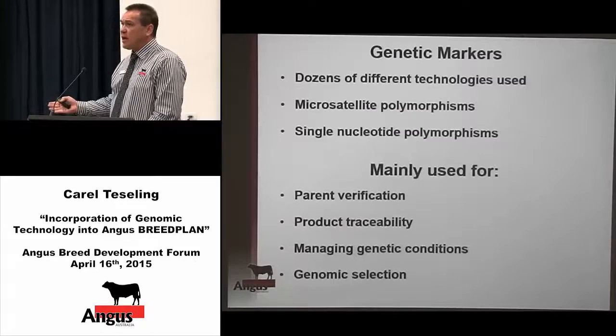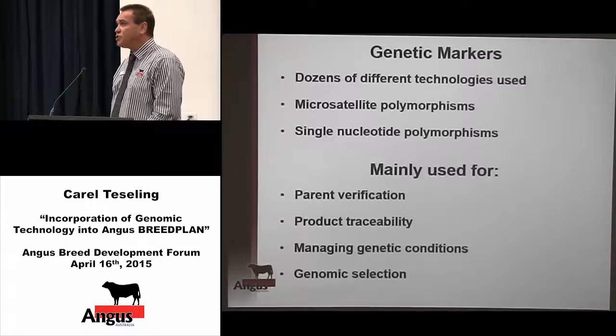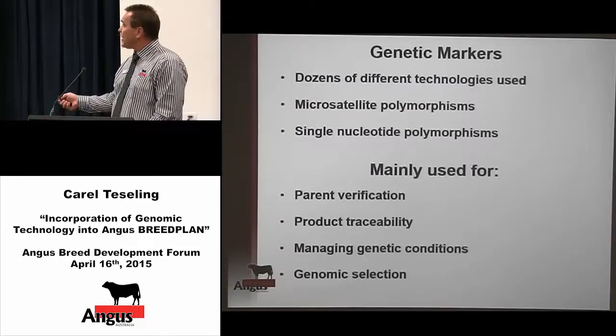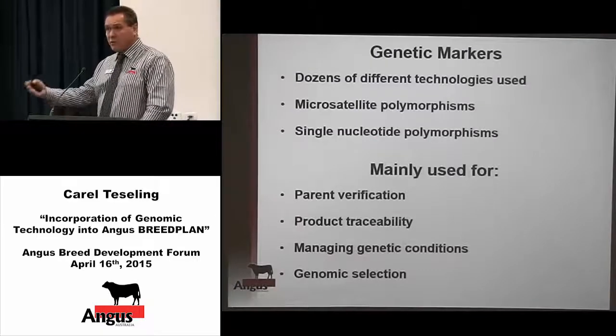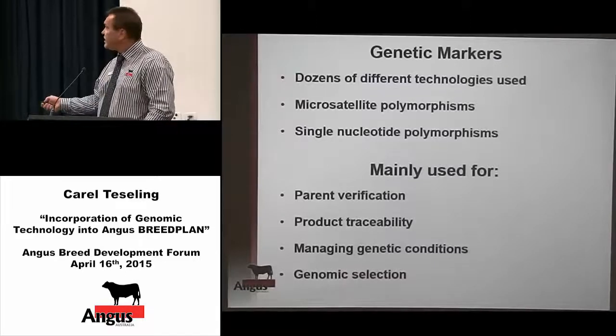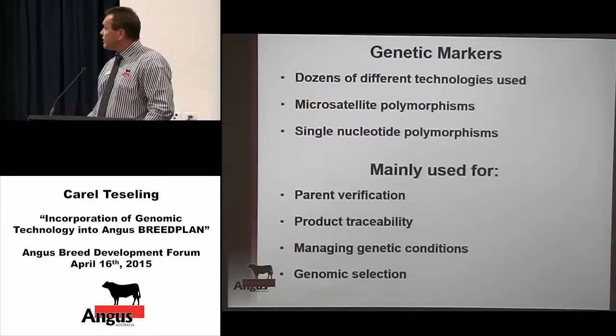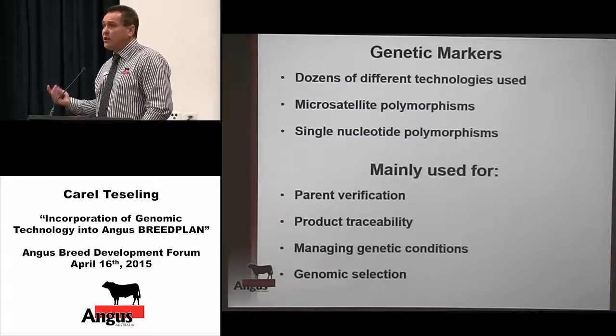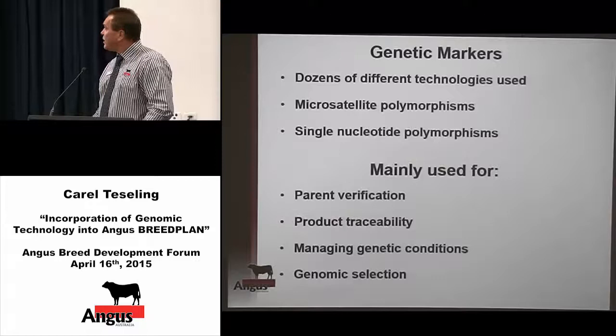Our previous pair verification technology was based on that type of marker. Now we are at single nucleotide polymorphisms, and our pair verification technology is now based on those. That's just two of the dozens that we use.